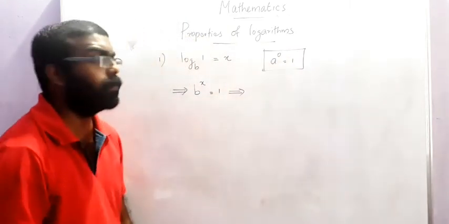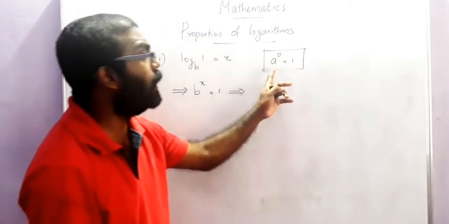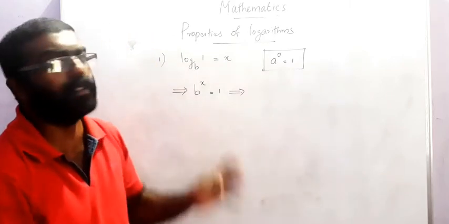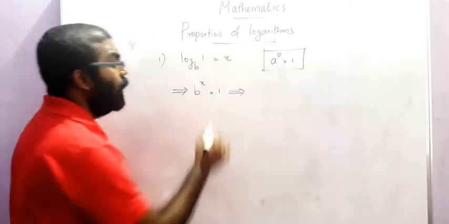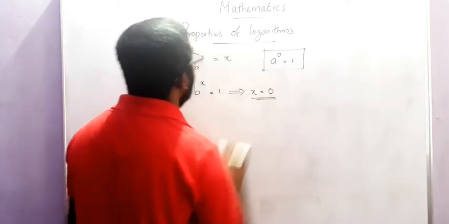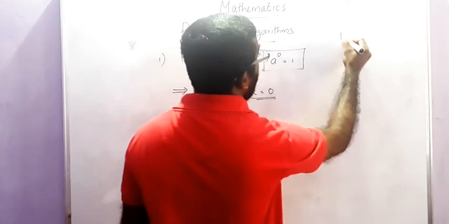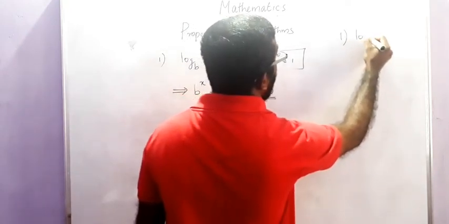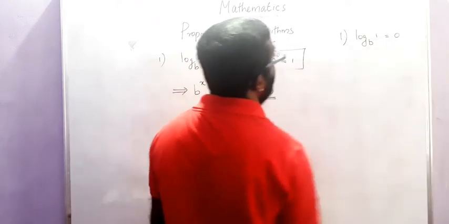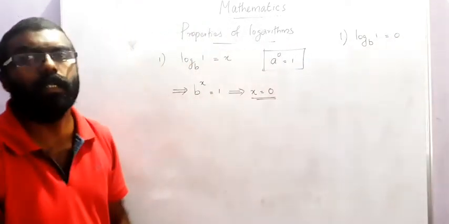In laws of exponents, we have learned that any non-zero number raised to power 0 is equal to 1, so x is equal to 0. That is, log 1 to the base b is equal to 0.